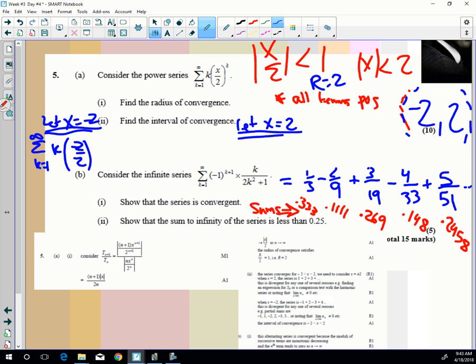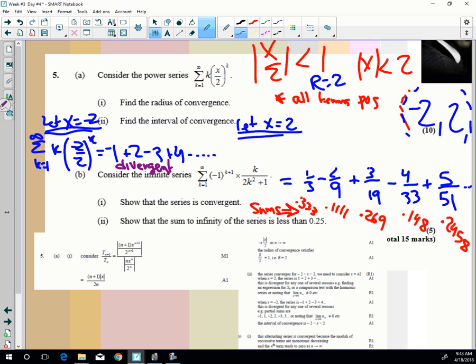Well, what is that? That's like -1 to the k. So this is going to be -1 plus 2 minus 3 plus 4 minus ... Will that be convergent or divergent, do you think? Definitely divergent. It's going to get more and more crazy.